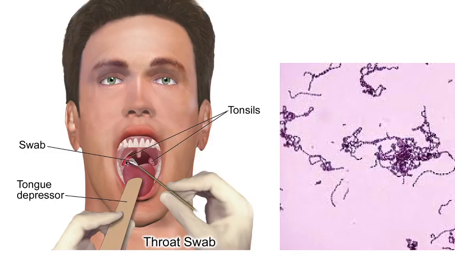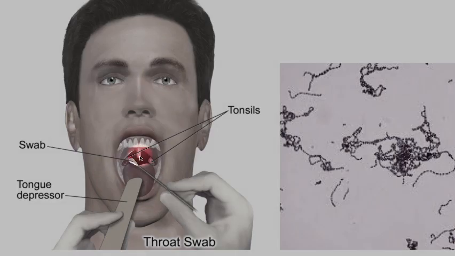It is behind the faucial pillars on both sides, but you make sure not to touch the tongue because of the normal flora there, and also not to touch the uvula, so as not to trigger the gagging reflex in the patient, which you don't want to see while taking the swab.